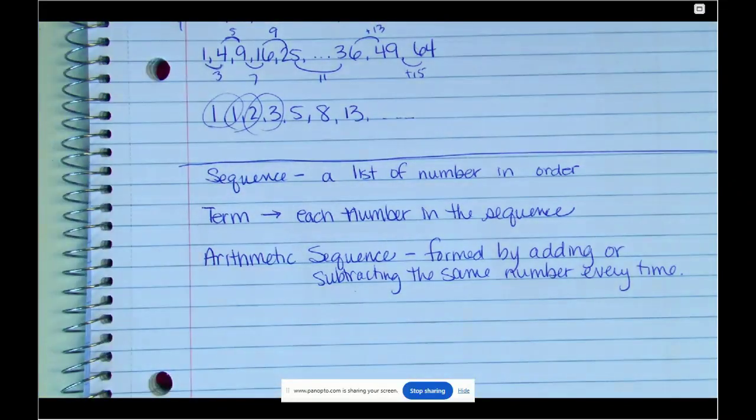We did some arithmetic sequences when I was giving you those patterns up there. A lot of them were not arithmetic sequences. Fibonacci is not arithmetic because we're not adding the same number every time. The one at the top of the screen is not arithmetic because we're adding a different number every time. An arithmetic sequence adds or subtracts the same number every time.